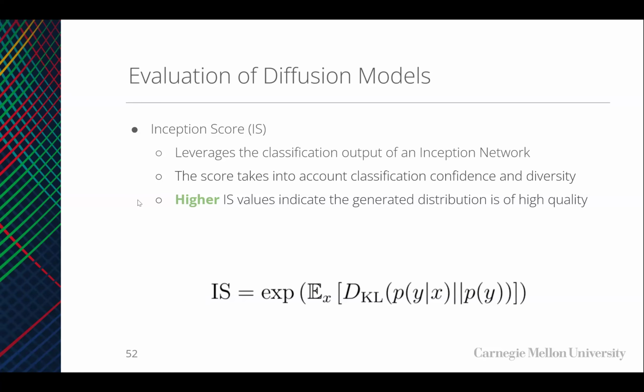The takeaway here is that a higher Inception Score value indicates that the generated distribution is of high quality. This is the equation. As you can see, our friend KL divergence pops up again. So it's really important when we're talking about machine learning and different distributions, say for image generation or language generation. So get used to seeing this a lot if you progress further in this field of deep learning.